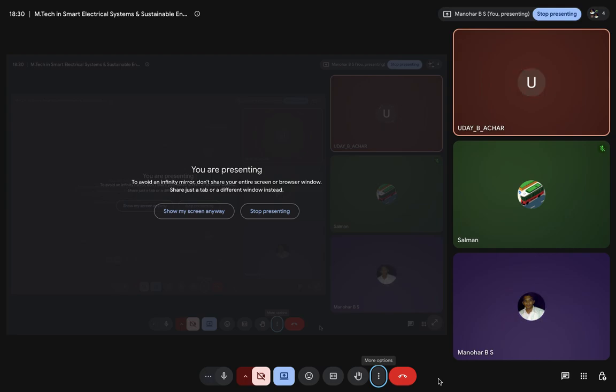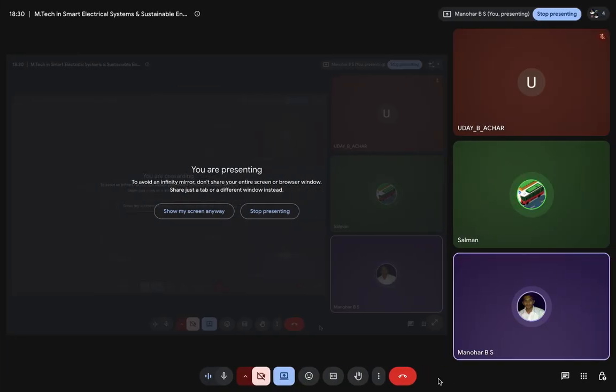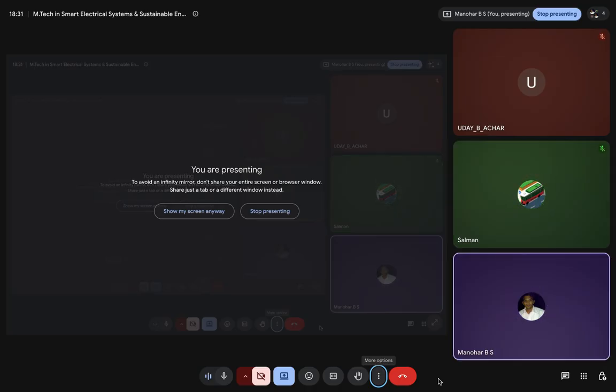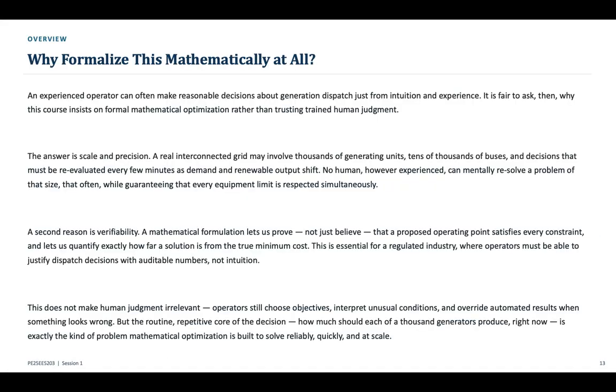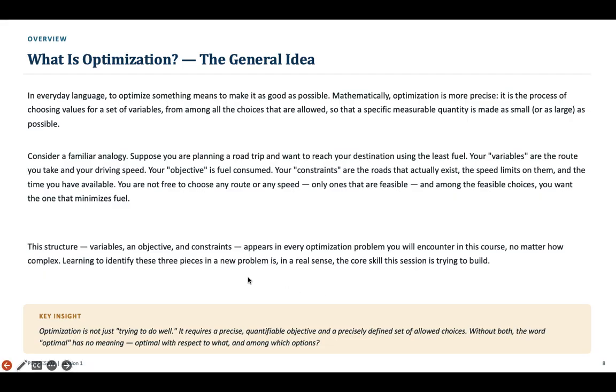Improve the performance. What do you mean by optimization? What do you mean by performance? Optimization in everyday language means, did you read that?